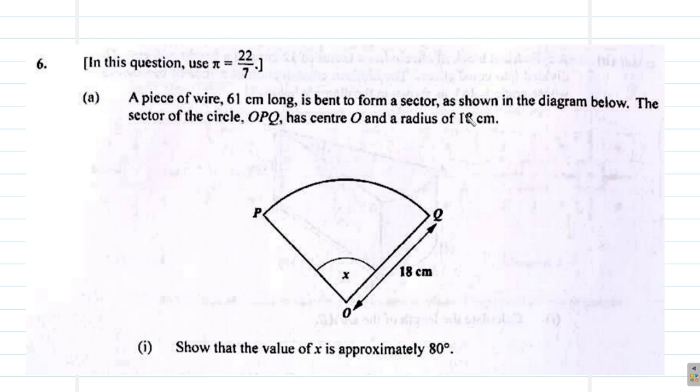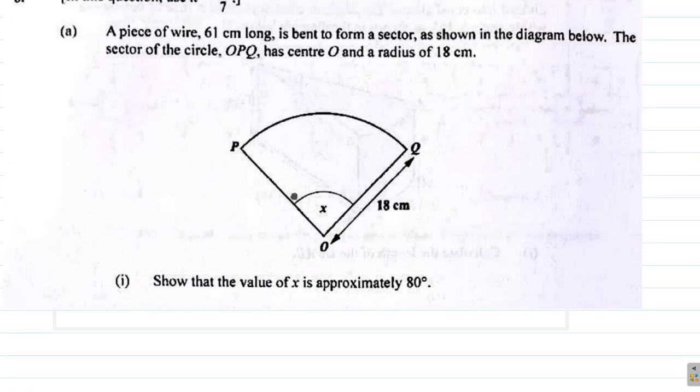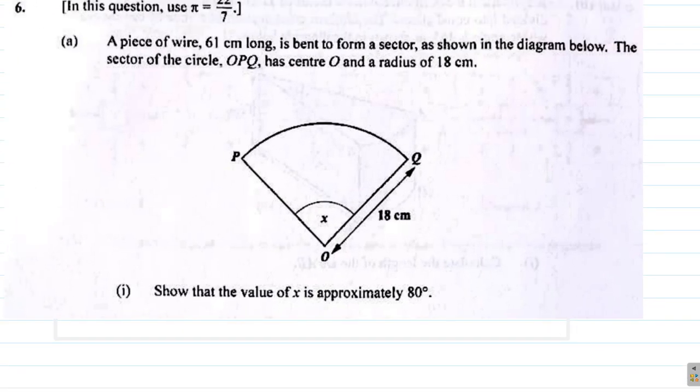The sector of the circle, OPQ, has center O and a radius of 18 cm. Show that X is approximately 80 degrees. So you must show that X is approximately 80 degrees.